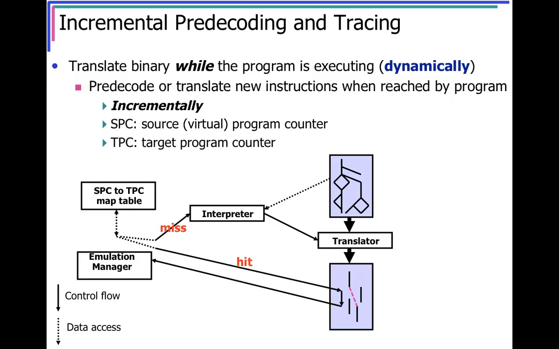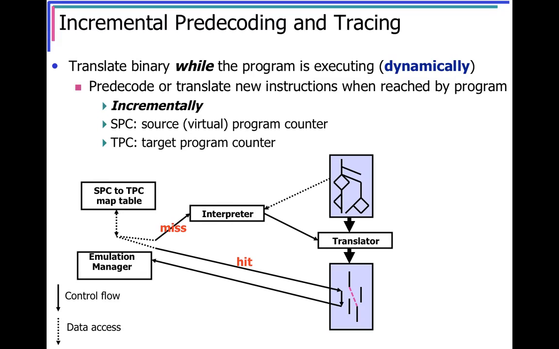Here's an example of what's happening in the system. When we're executing in the interpreter, we're going to execute code, and every time we start a new dynamic basic block, we check to see if that source instruction has a map into the code cache.